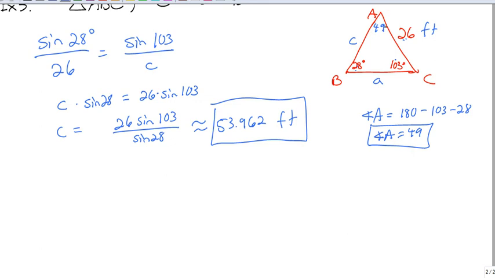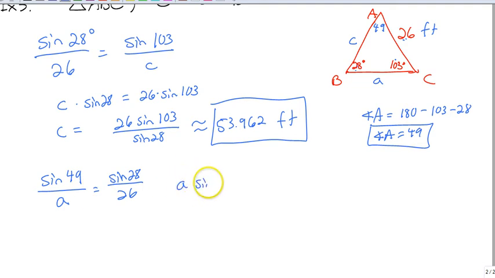Alright, so 49. Same law, same setup. Sine of 49, because that's the angle, over the side we're looking for, A, is equal to sine of 28 over 26. Always use the information that's given. Don't use this 53.962 and the 103, because this is now a rounded answer. It's not perfect, so it'll be slightly off if you do that one.